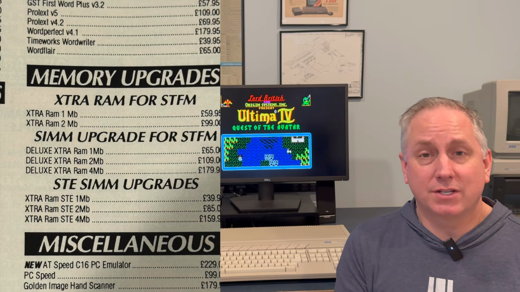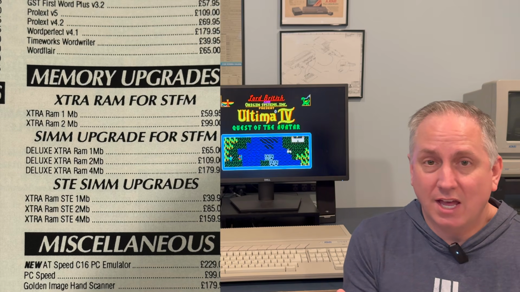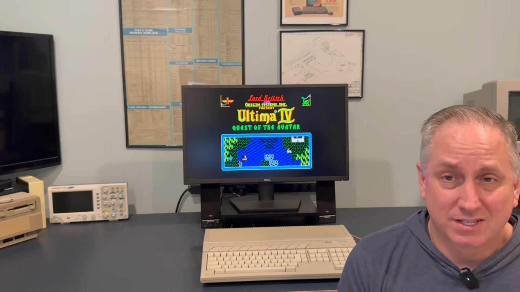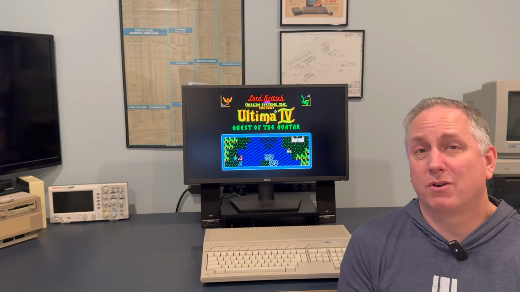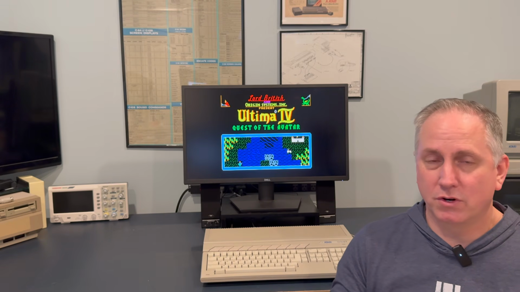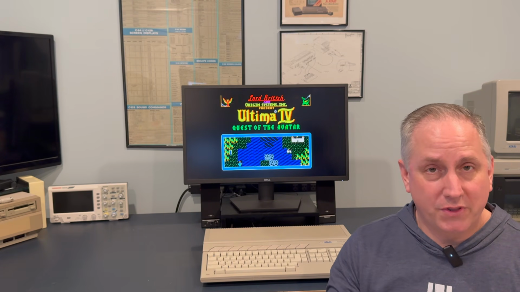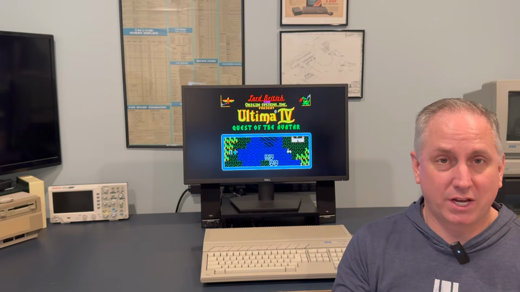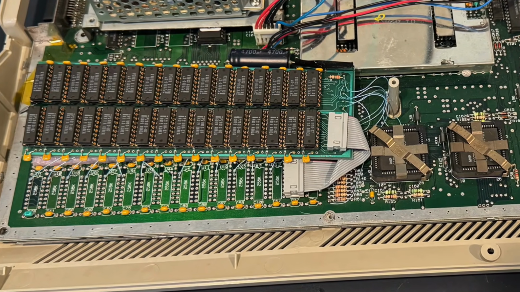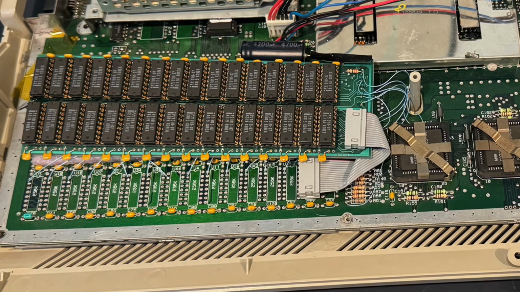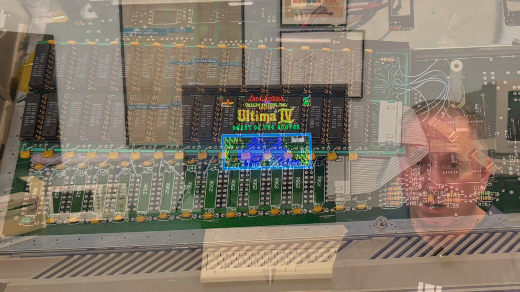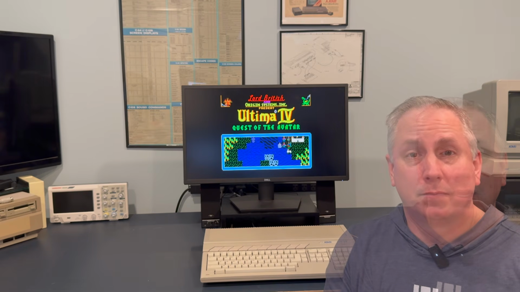And in my experience, at least 1 in 10, 2 in 10, and 1 in 5 of the STs that I've worked on, somewhere around there, have had some sort of RAM upgrade in them. Whether it's a piggyback model or a commercially available board that was connected and soldered in place with a nest of wires throughout it. Some were very clean, some were a mess, and some were just, I don't know what it's doing, but it's working, right?